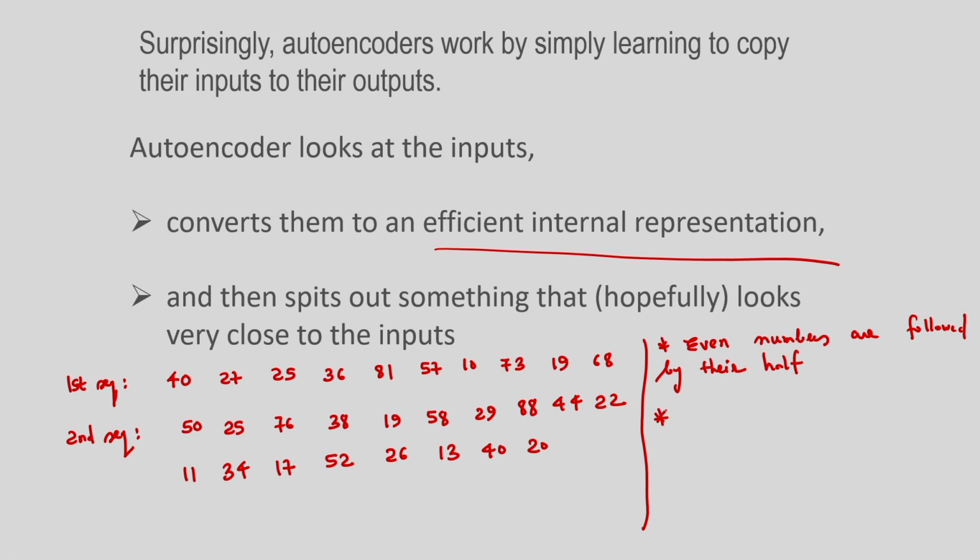The second rule is, odd numbers are followed by their triple plus 1. So I have these two rules to represent the second sequence.